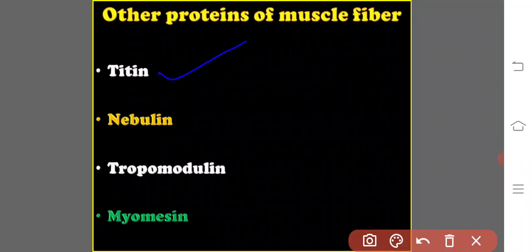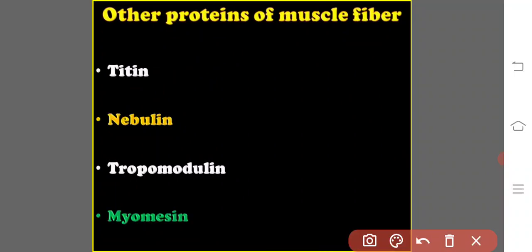The dense material of the Z disc contains molecules of alpha actinin, which binds to actin molecules of the thin filament and to titin. So these are certain other proteins which are present, and they cause the elasticity and extensibility.